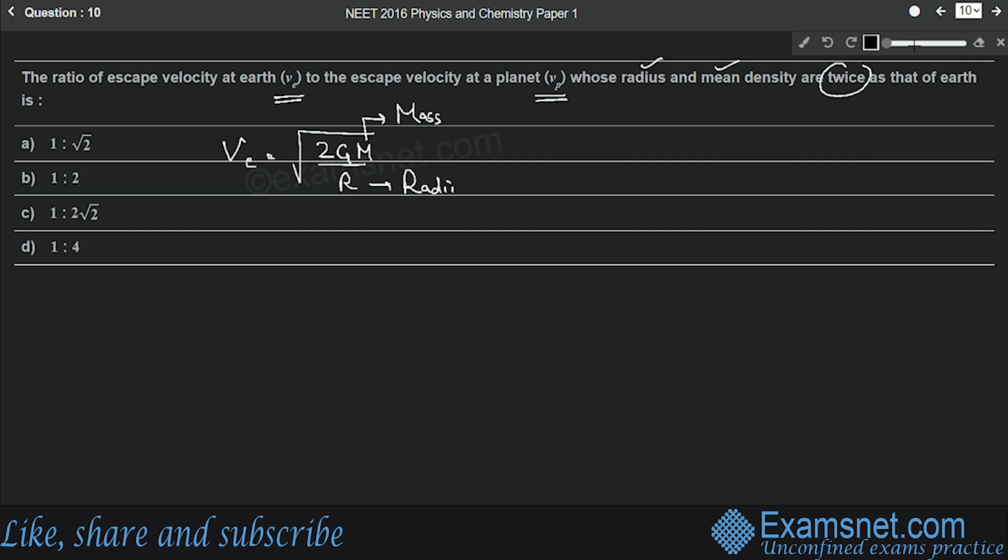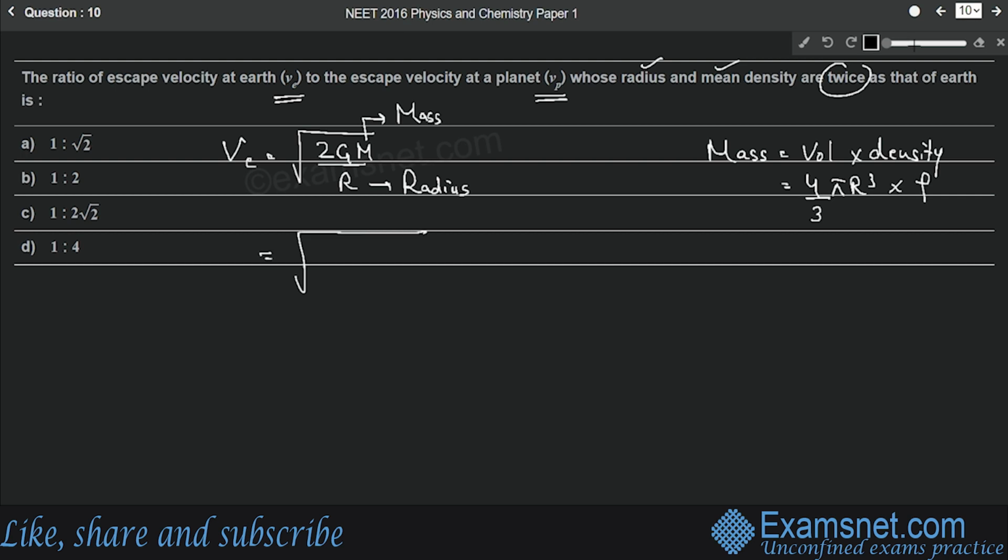But in this question, radius and mean density are mentioned. So can we write mass in terms of density? Yes, we know that mass is equal to volume into density, and volume is equal to 4 by 3 pi R cube. This is the formula for volume, and density can be written as rho. Let's put this in the formula.